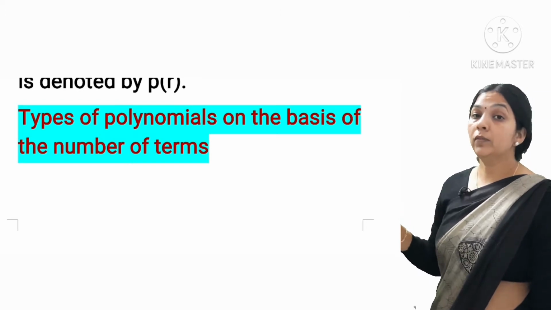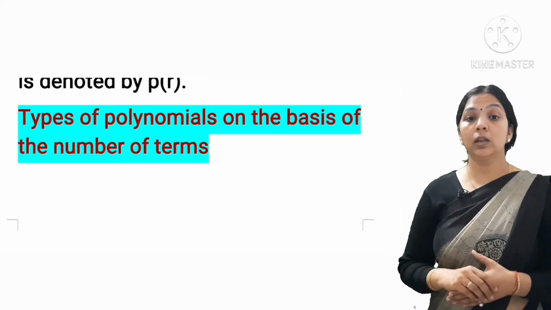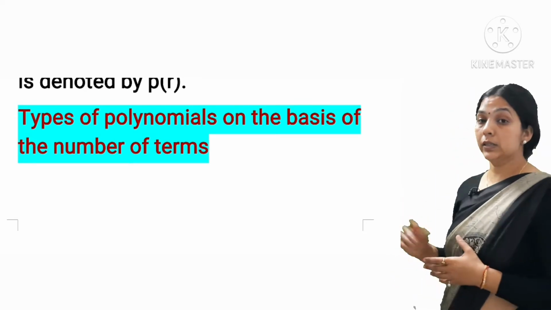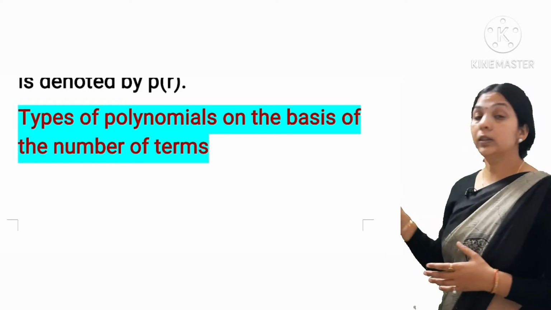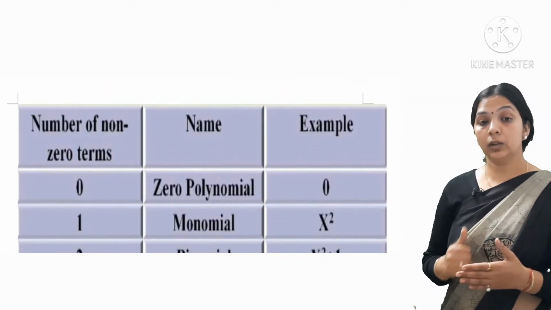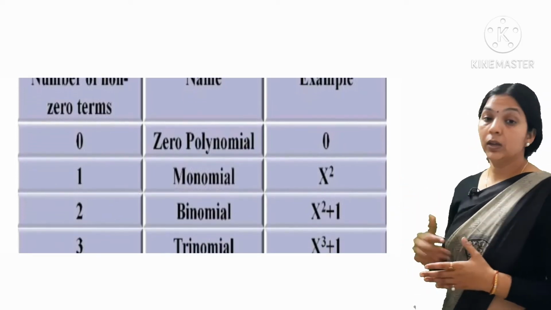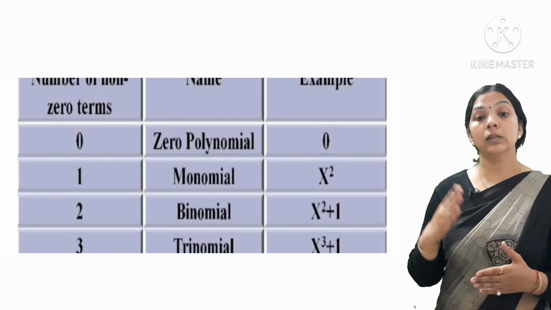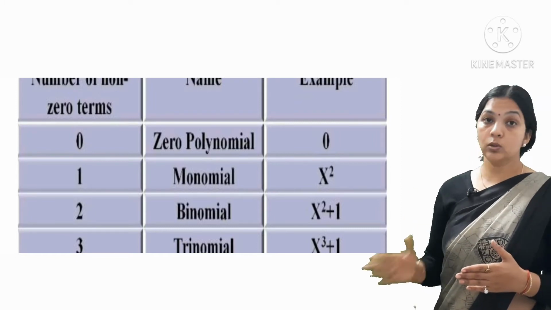Now, when we talk about the number of terms, there are different polynomials. Here you can see in this table, the number of non-zero terms are 0, 1, 2 and 3. On this basis, there are zero polynomials, monomials, binomials, trinomials and so on.